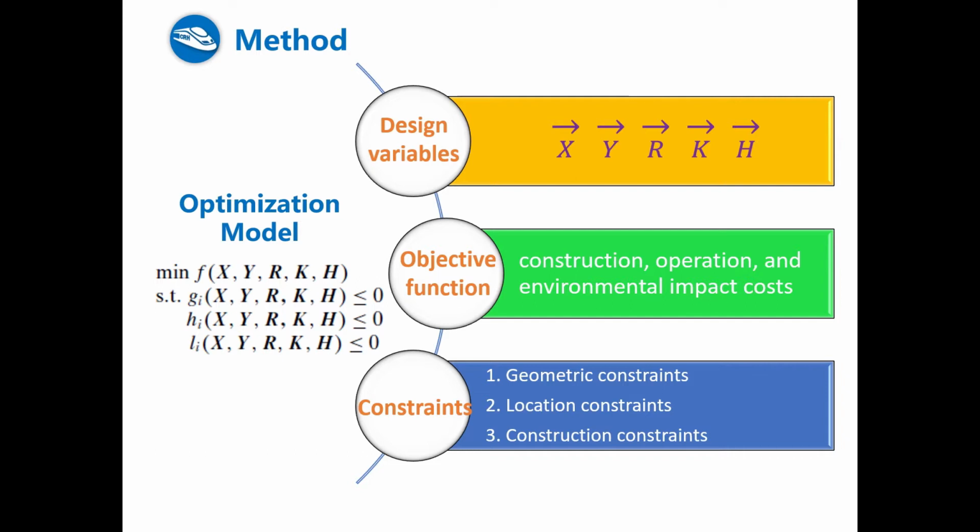The optimization model firstly includes three parts: the design variables, the objective function, and several design constraints.